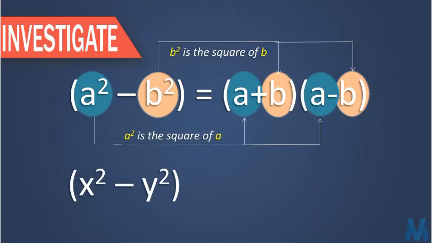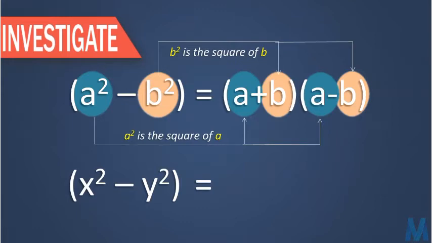So if we check x squared minus y squared, the variables x and y are square patterns. Okay? And then, it is a difference of two squares. So, therefore, we can use this pattern, a squared minus b squared equals a plus b times a minus b.